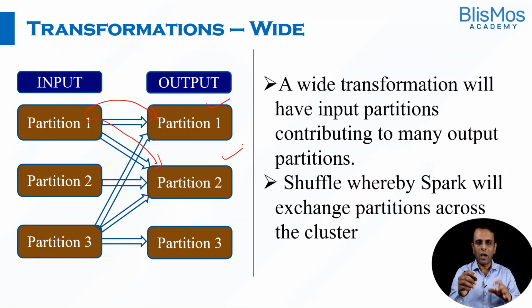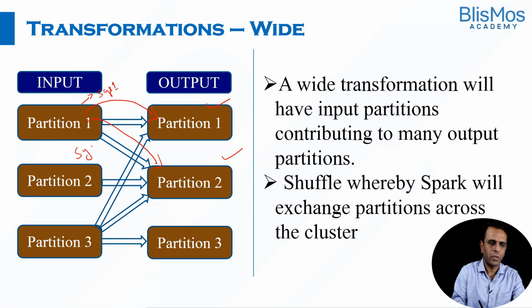Because of this, there will be shuffle. For example, assuming that we have partition 1 in system 1, partition 2 in system 2, partition 3 in system 3. The same is the case here. Output partitions would be in systems 1, 2 and 3.